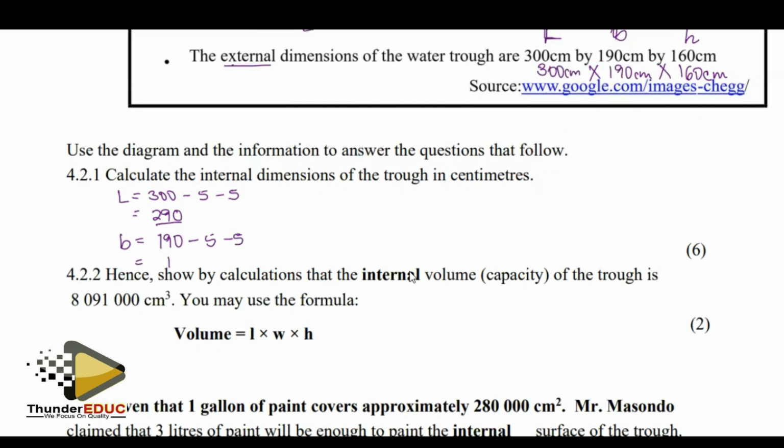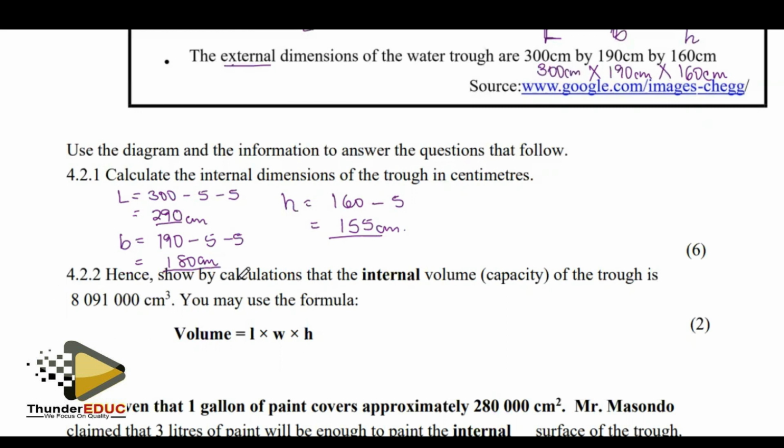So you remain with 180. Don't forget these are centimeters. In the height, we said we shall only subtract 5. Why? Because the other side on top is not covered. So it becomes 155. Don't forget these are centimeters.